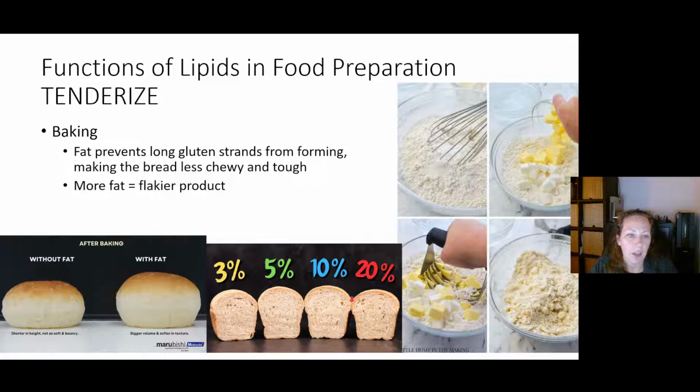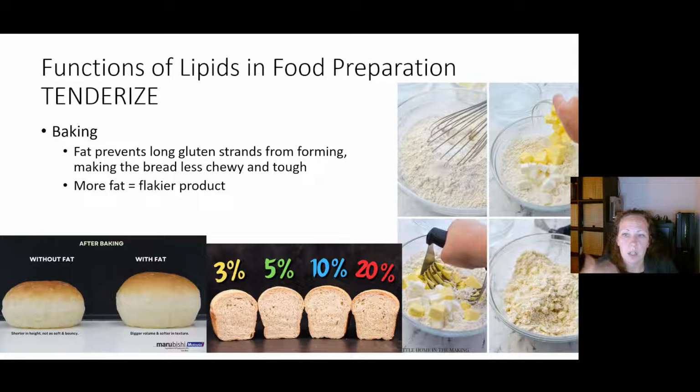So too much fat, or fat that is blended in too much. Here's an example of fat blending. They've added butter and shortening here, and you blend it in this type of product just so you get pea-sized pieces of the fat in there that's all coated with the flour mixture.